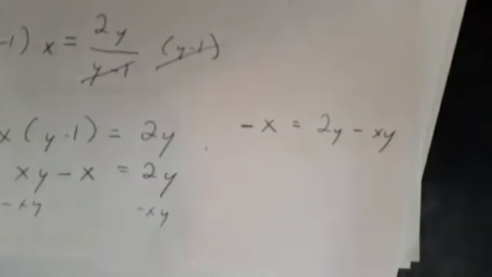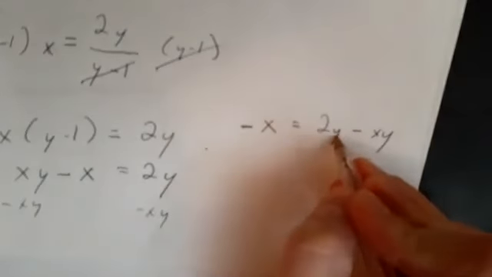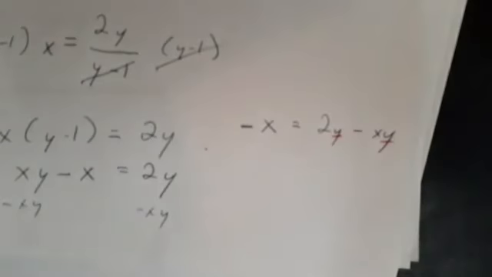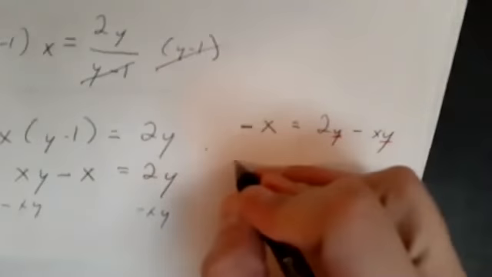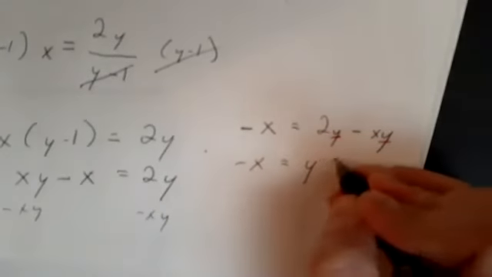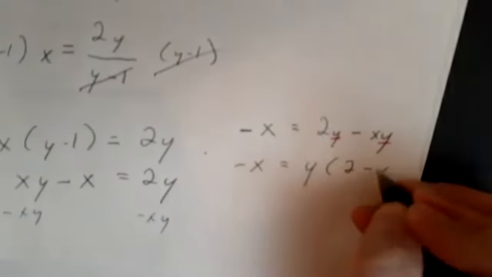And now this is the tricky step that I think kind of throws the most people right here. But we have it with the y here, we have it with the y here. This is not distribution, it's going the other way. So these both have a factor of y. Guess what we can do with that factor? Factor it out.